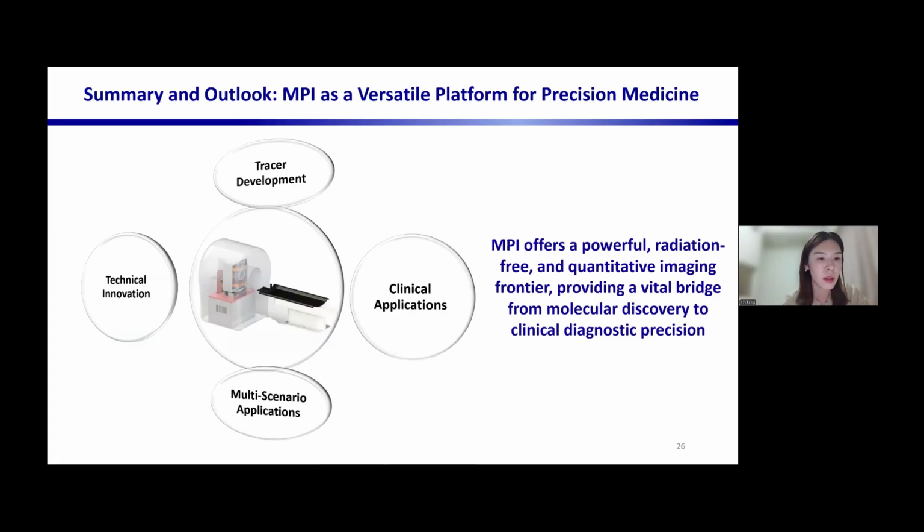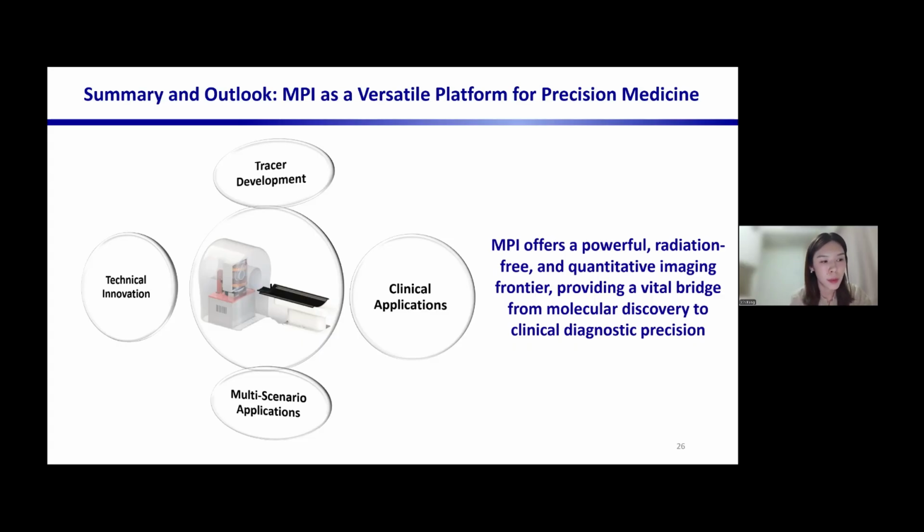One is the technical innovation, and another one is tracer advancement. And as we achieve higher sensitivity, larger field of view, and better resolution, alongside more specific probes, MPI will become even more versatile in both research and medicine.